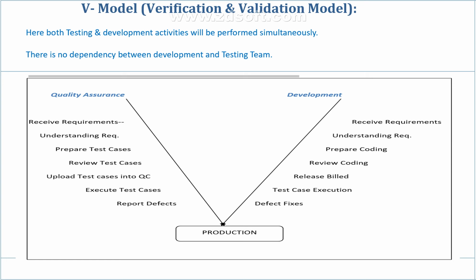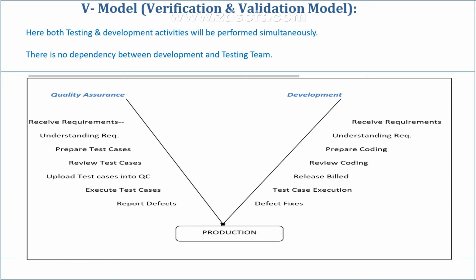If they find anything wrong with that code, or with the application because of that code, they can immediately find it out. So developers will not need to spend a lot of time going through the whole application. It is a bit and piece of code, so they can easily find it and fix it. So there is no dependency between the development and testing teams.